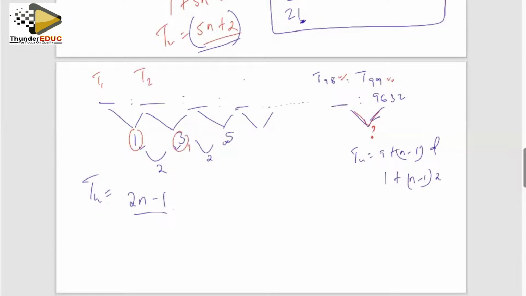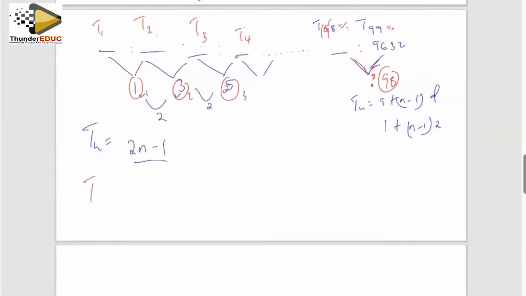The second term is between T2 and T3. The third term is between T3 and T4. Which means the term between 98 and 99 is going to have a position of 98.